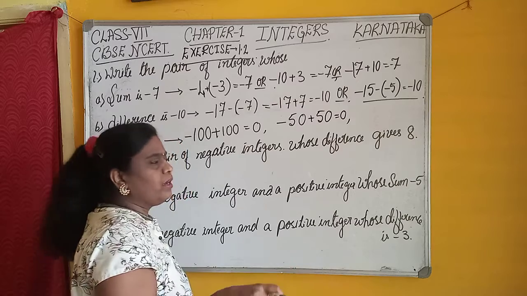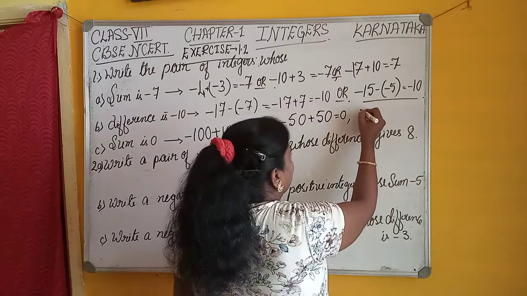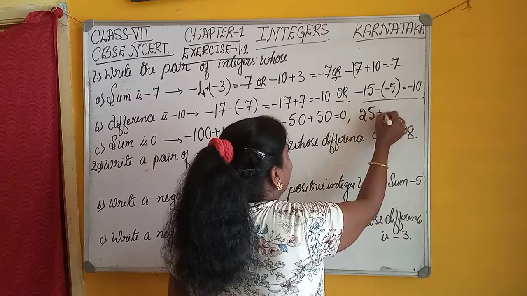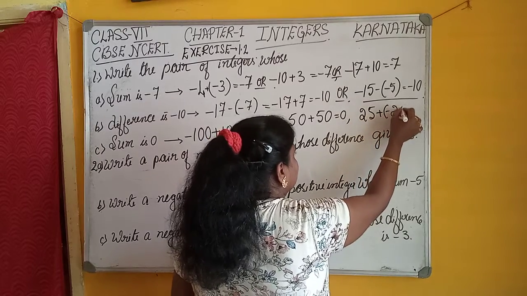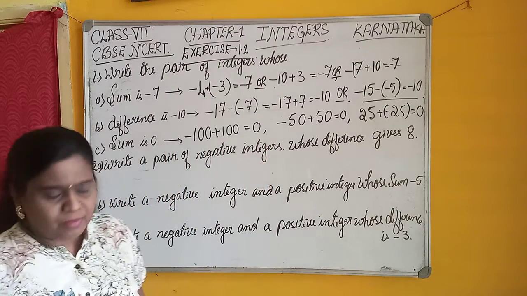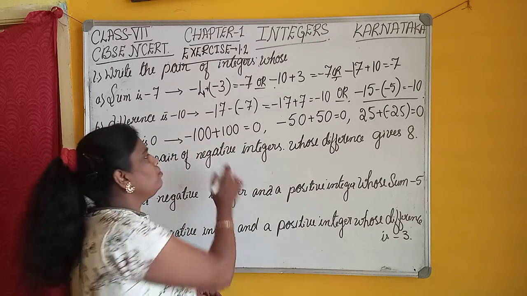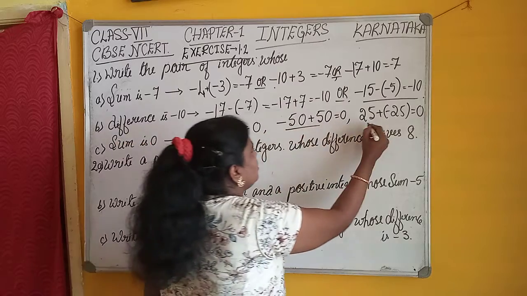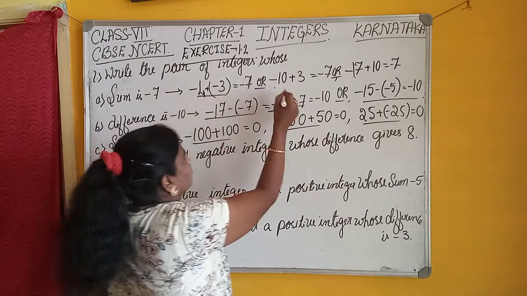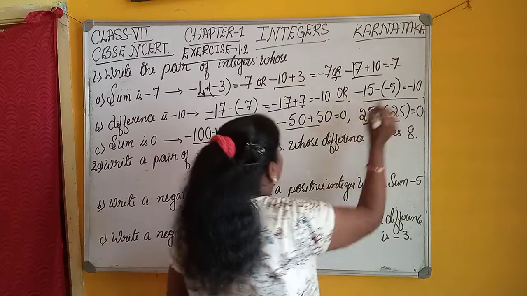Otherwise, if you take plus 25 in the starting and add -25, that is also equal to 0. Understood? You can make any pair of numbers, positive or negative.